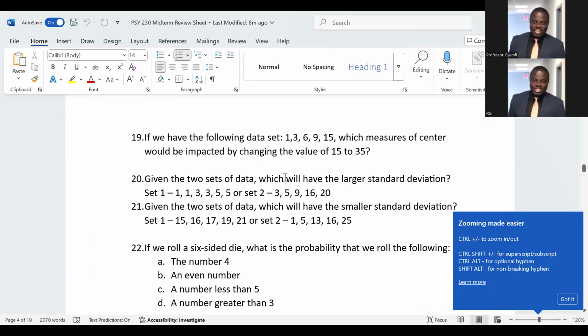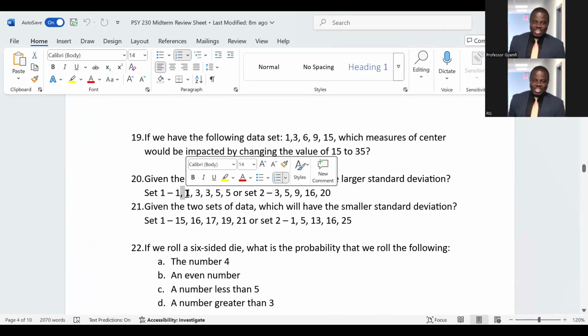So for set 1, you've got 1 and 1, 3, 3, 5, 5. Going from 1 to 1, the difference is 0. From 1 to 3, it's 2. 3 to 3 is 0. 3 to 5 is 2. 5 to 5 is 0. So you're looking at 0 and then 2.